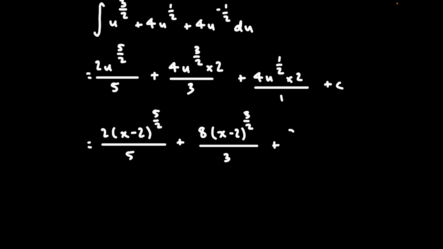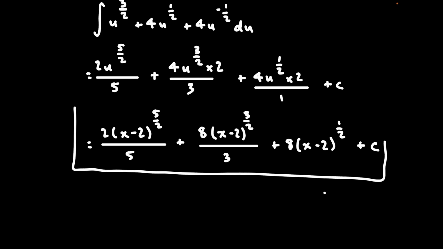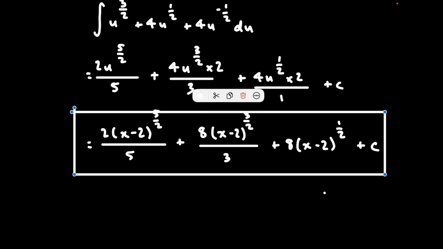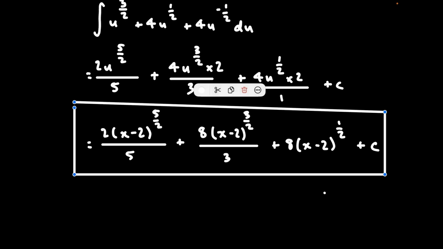Plus 4 times 2 is also 8 in this equation. X take 2 to the power of a half, divided by 1, I'm not going to write divided by 1, that's just the same thing. Plus c. This is your integral for this problem over here. Kind of messed up the box, but you get the idea.